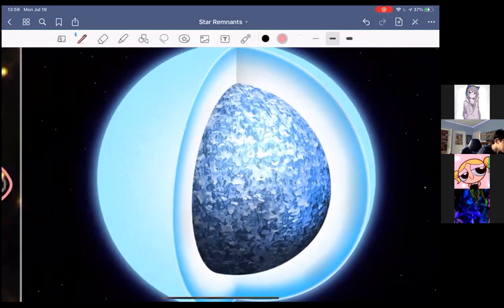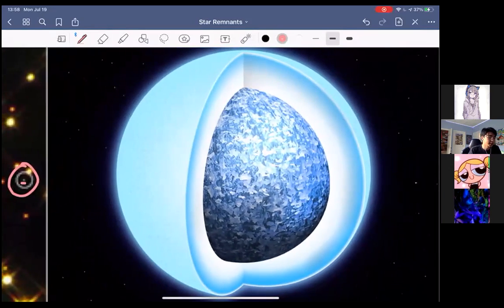In the picture here, this is an illustration. We don't actually know if this is the inside of a white dwarf, but this is what some people think a white dwarf could look like on the inside. What they think is that it's solid.